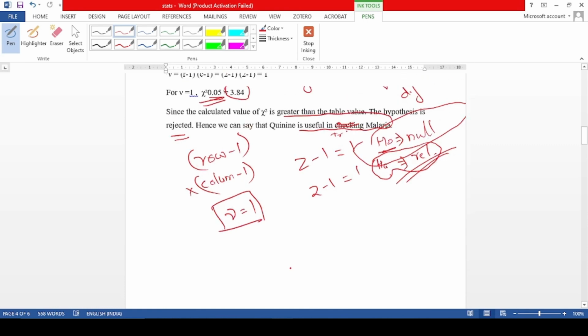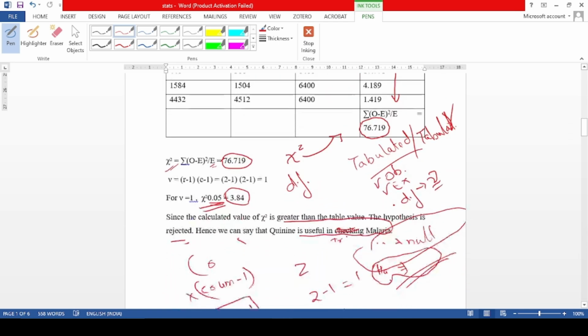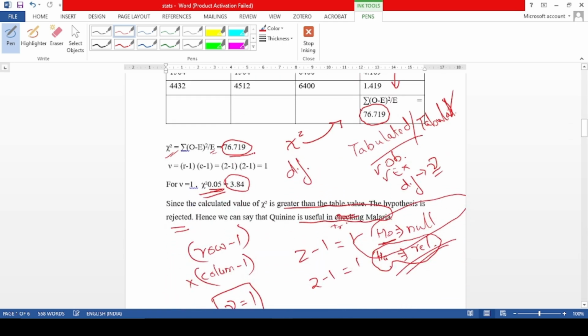If I show you here, we did the same: first the observed frequency, then expected frequency, then the difference of these two, then the square, and this value is divided by the expected outcome, which finally gives us the calculated chi-square value.